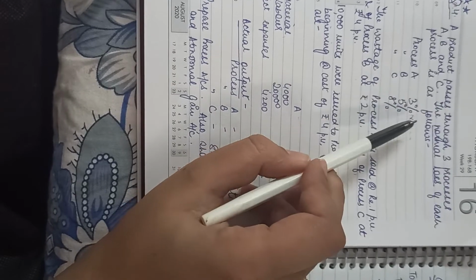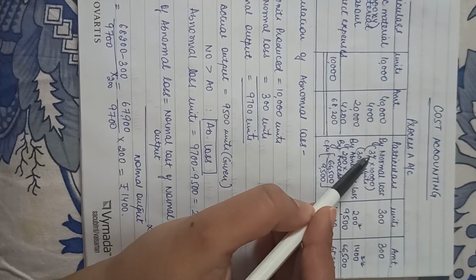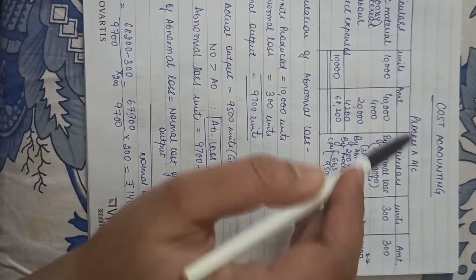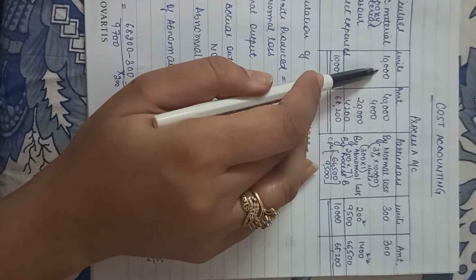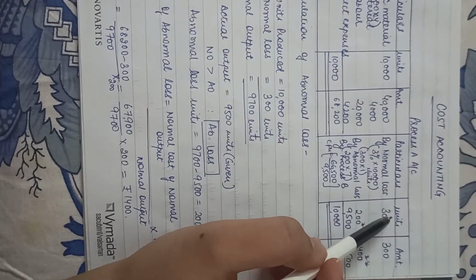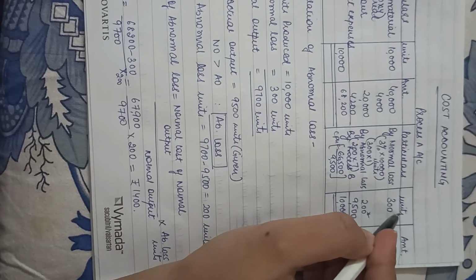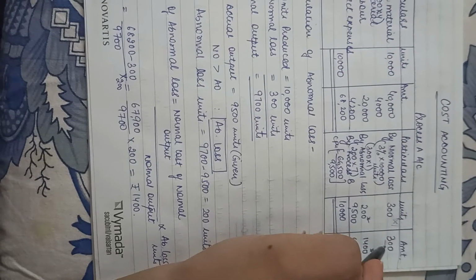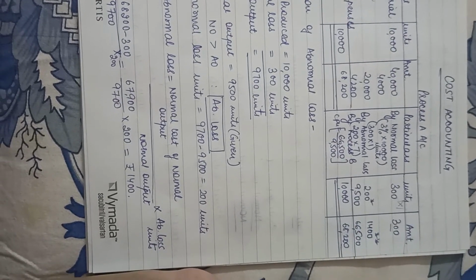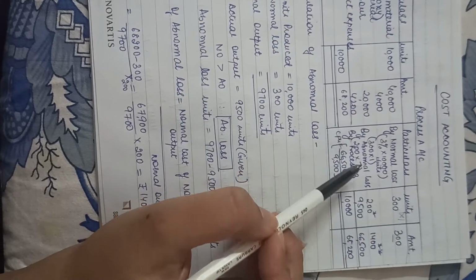So for process A, it is 3% at the rate of 1. 3% of the units of the input always. So 3% of 10,000 units, 300 at the rate of 1. Now you will multiply this with 1 to get the 300 amount. Clear? Now next, by abnormal loss.